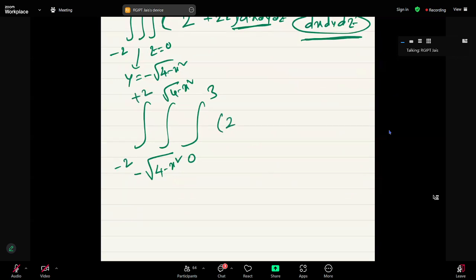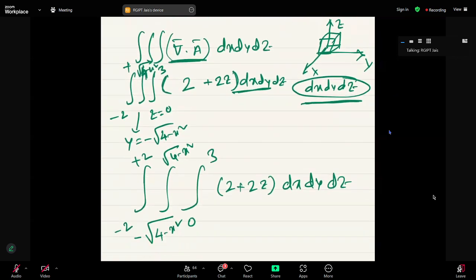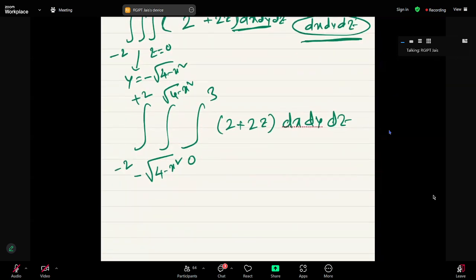And our expression is 2 plus 2z dx dy dz. Now, when we do this z integral, we consider x and y constant, so dx and dy will be constant. Then can you do this integration of 2 plus 2z dz for the given limit 0 to 3? Can you guys do it then?